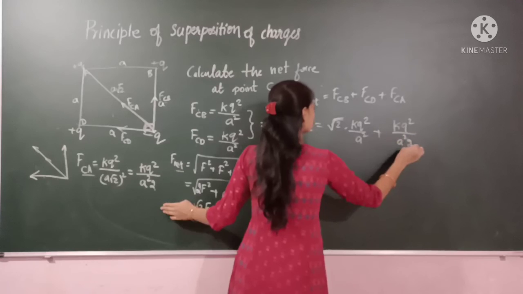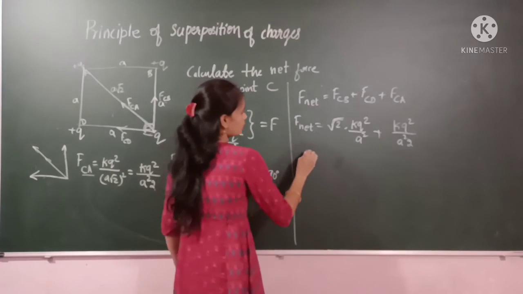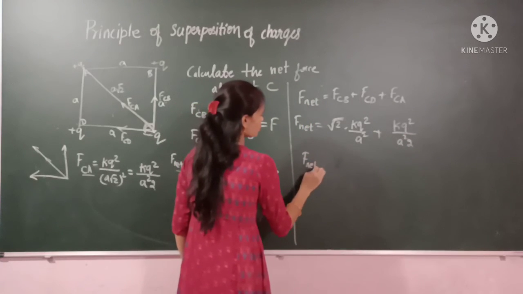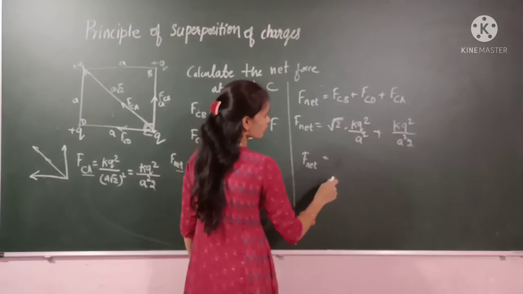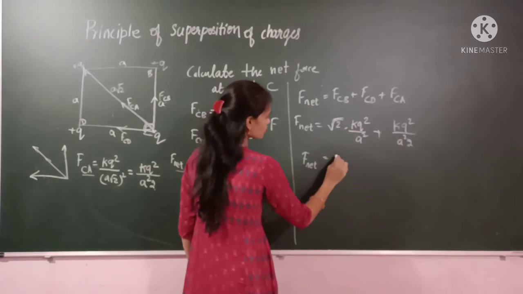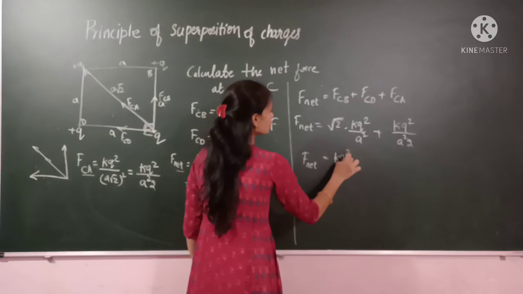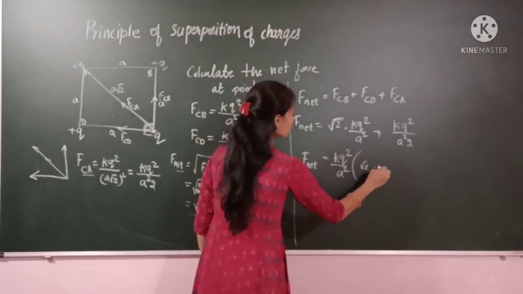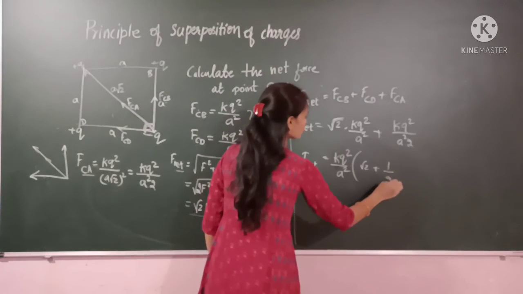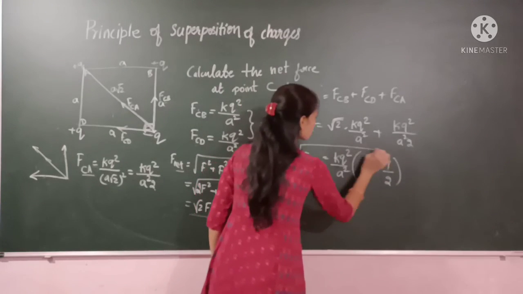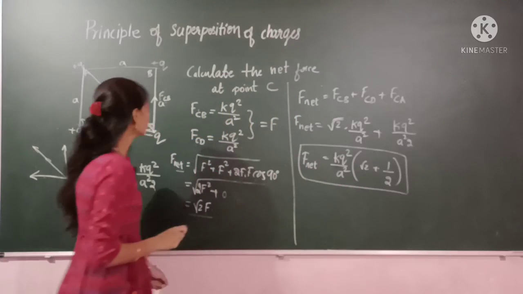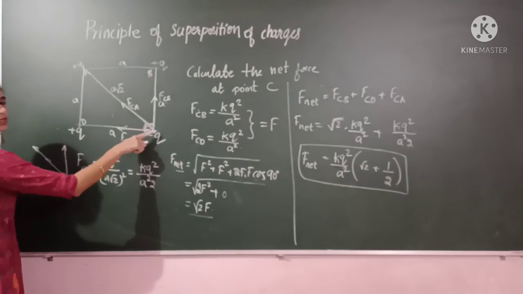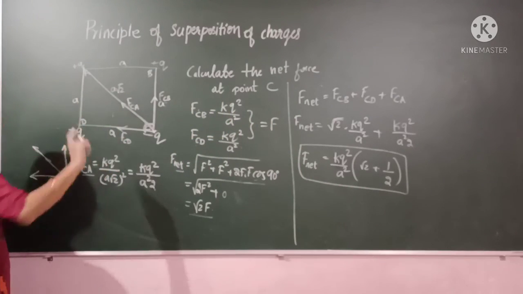Now in both the cases K Q square by A square is common, so we write it outside: F net is equal to K Q square by A square times root 2 plus 1 by 2. So this is the net force at the C point because of all the charges.